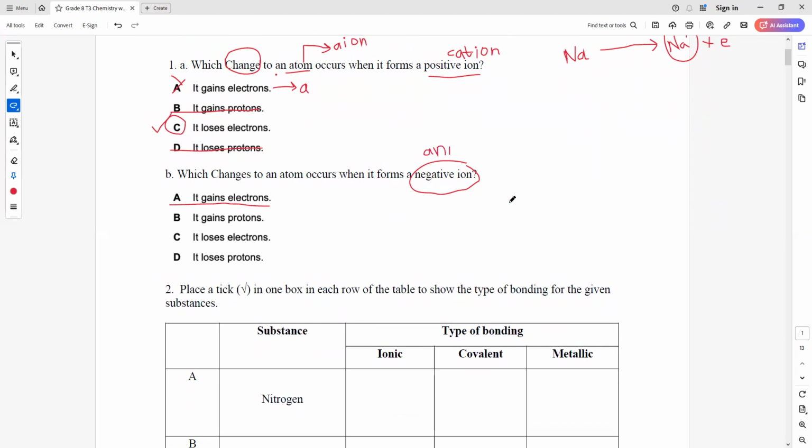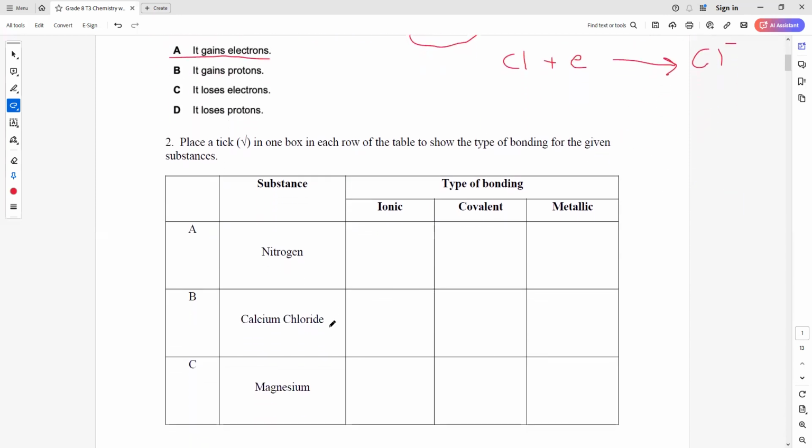For example, chlorine, Cl, accepts one electron because we have 7 electrons in the outermost shell of chlorine. So to satisfy the octet rule, it should gain one electron. So it will gain one electron and form Cl- ion.